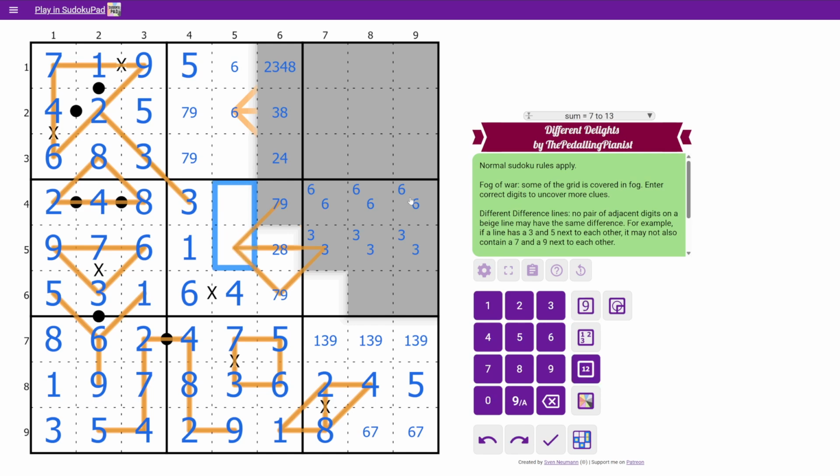There's a 5 in one of these. And there's also a 2 or an 8 in one of these, and they're both on this top row here. So this is a 5, and this is going to be the other 2 or 8.